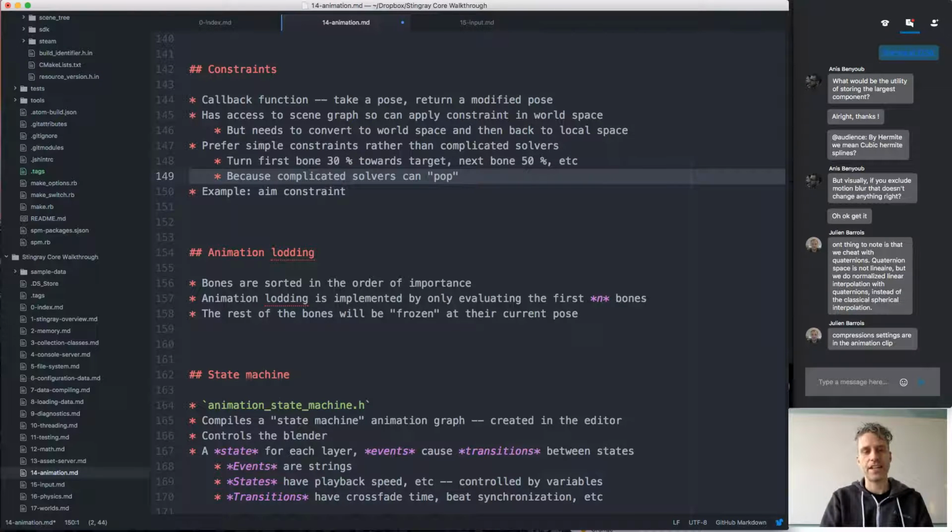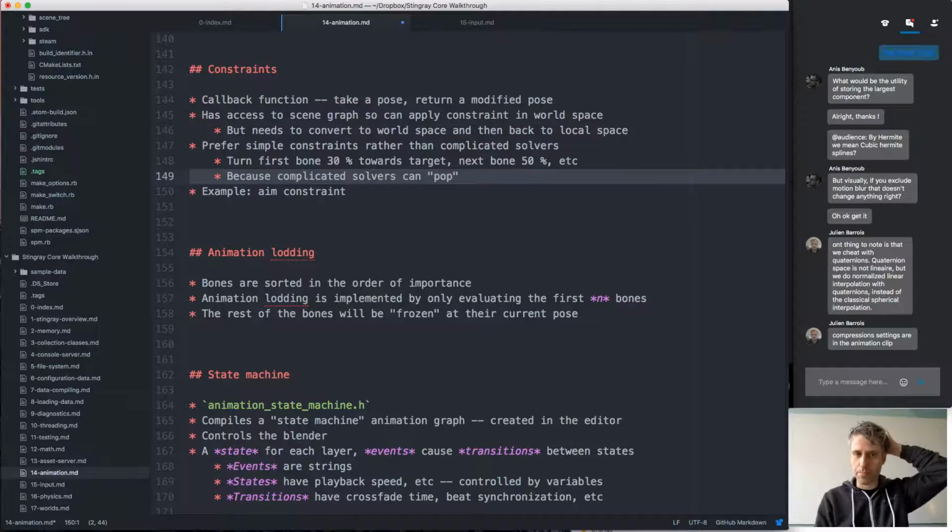The reason I like that is because these constraints will be playing on top of a changing animation underneath them. If the constraint is some complicated equation, when the animation is in this state it might find a solution like this, but maybe the next frame the animation is like this, and then the constraint will find a different solution to be optimal. So the result will be that the character will immediately pop from this position to that position.